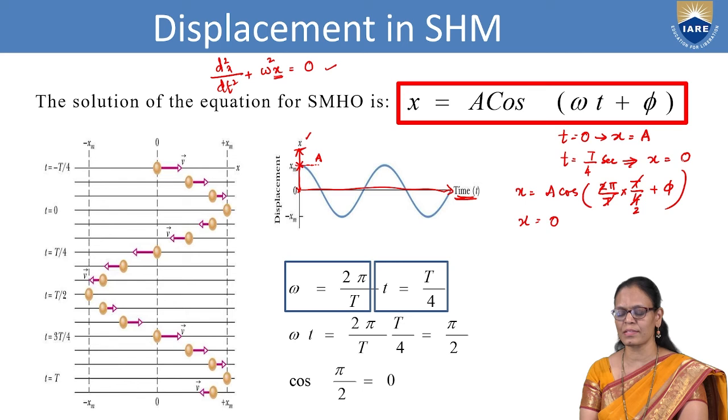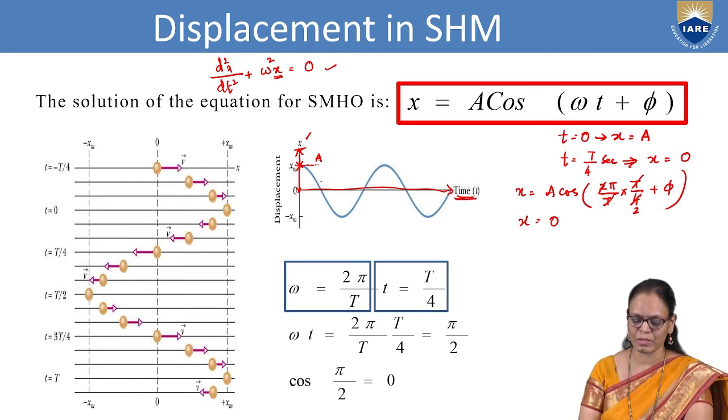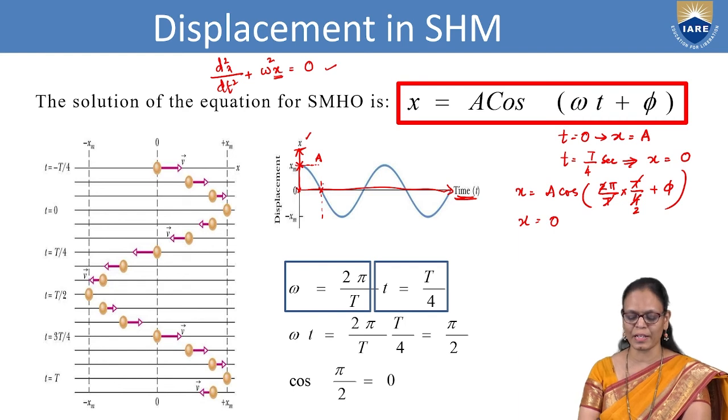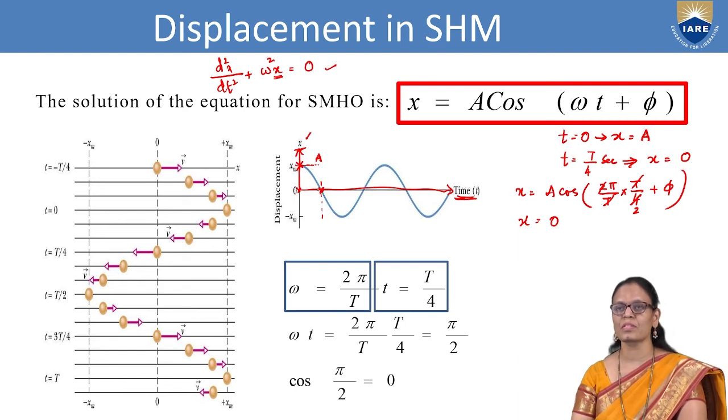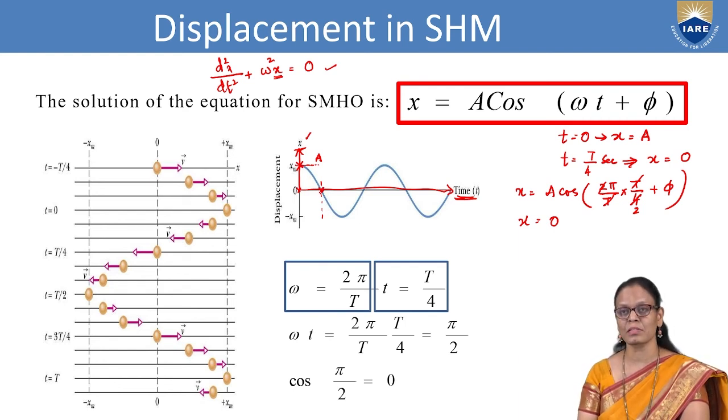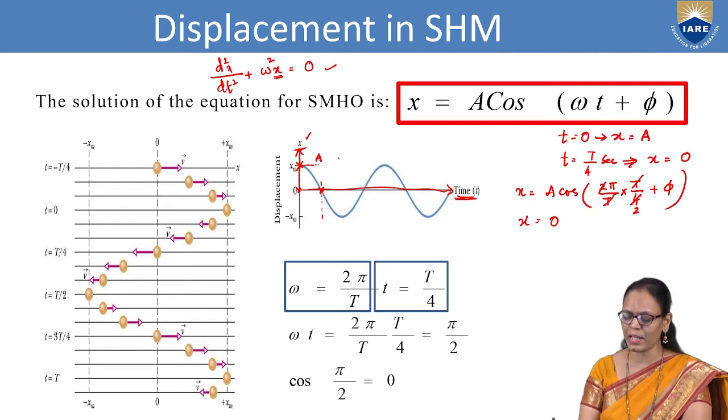The displacement is 0. So if you see here, at T by 4 seconds, the particle is at 0, meaning the displacement is 0. We have seen at t is equal to 0, it is at a. At t is equal to T by 4 seconds, the particle is at the mean position, or at 0.